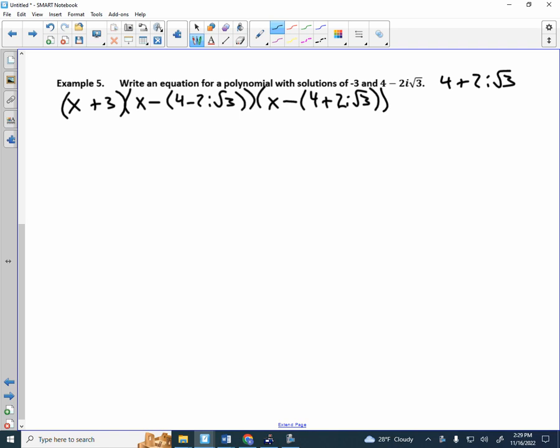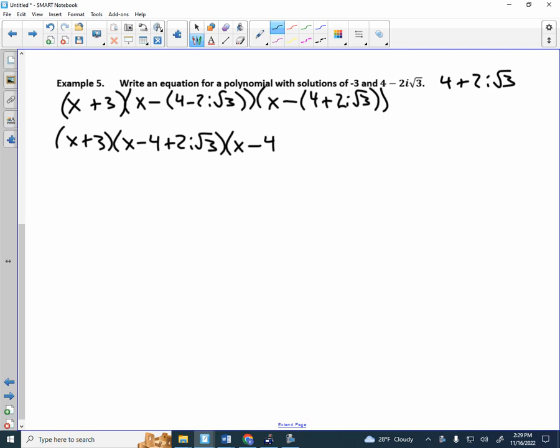So do you see how people might get trapped into changing this first subtraction sign to a positive on your second one? And that does not happen. You get x plus 3, and then you have x minus 4, then what? Plus 2i roots of 3 times x minus 4 or plus 4.